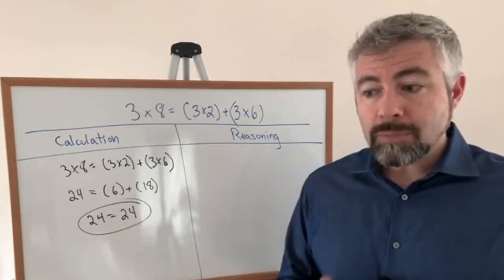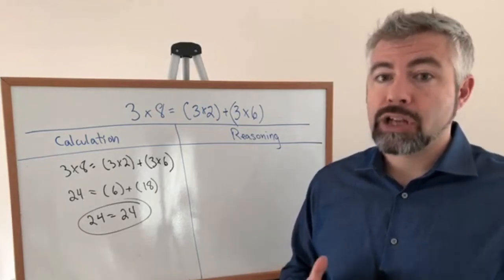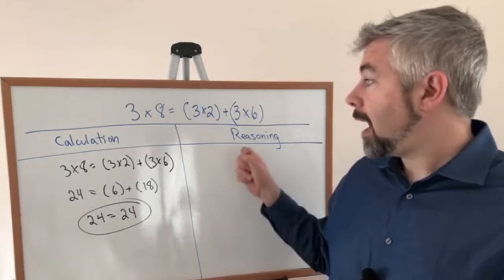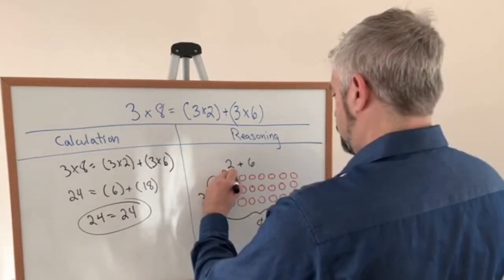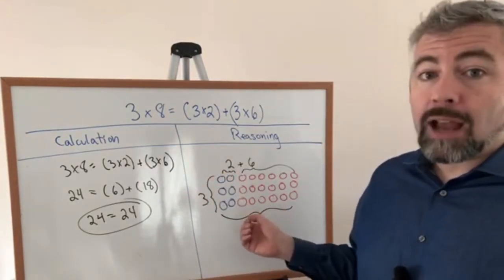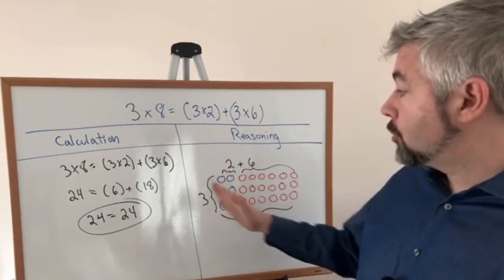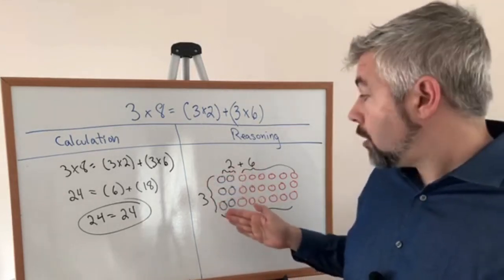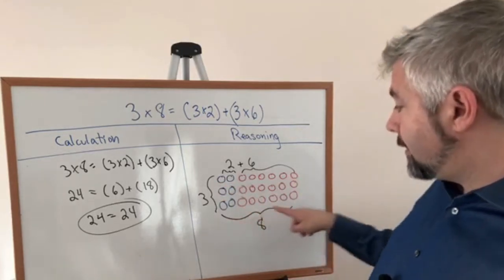Now, for some students, writing out a mathematical reason is going to be really challenging. So for their reasoning, I also allow them to draw a picture. So here you can see I've created an array, right? And we have 3 rows going down to show our 3 groups. Going across, I have 2 plus 6, and I can see that that's the same as 8.